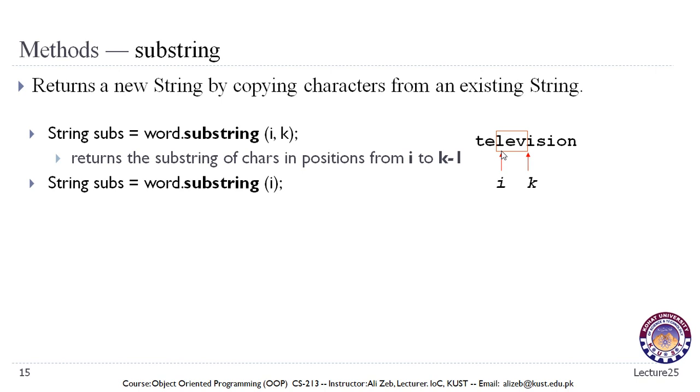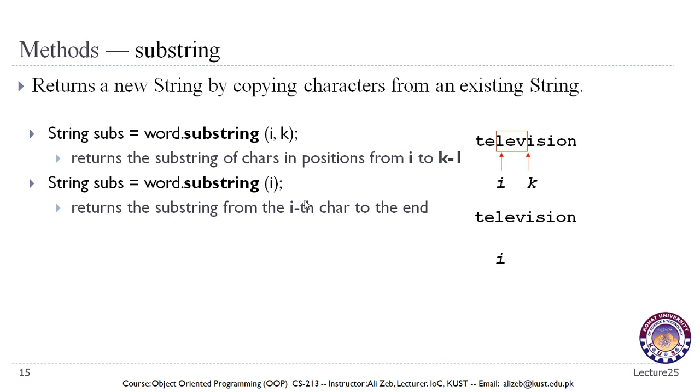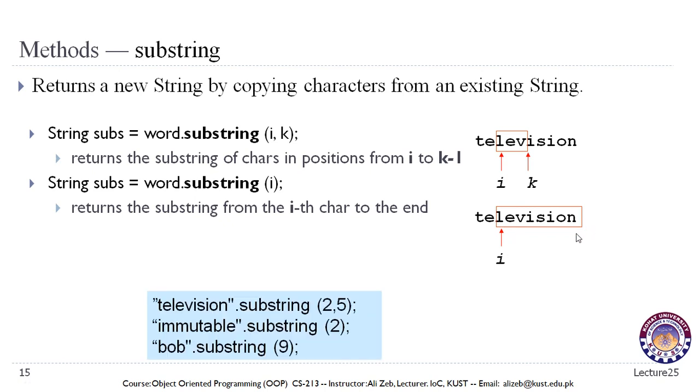If we do not provide the second argument, then it will return all of the characters starting with the character at position i. Returns the substring from the ith character to the end. So if we pass only an i, it will start with i and return all of the characters to the end of the string. If we look at this example, "television" substring from position 2 to 5 should return "lev", so 0 1 2 3 4.